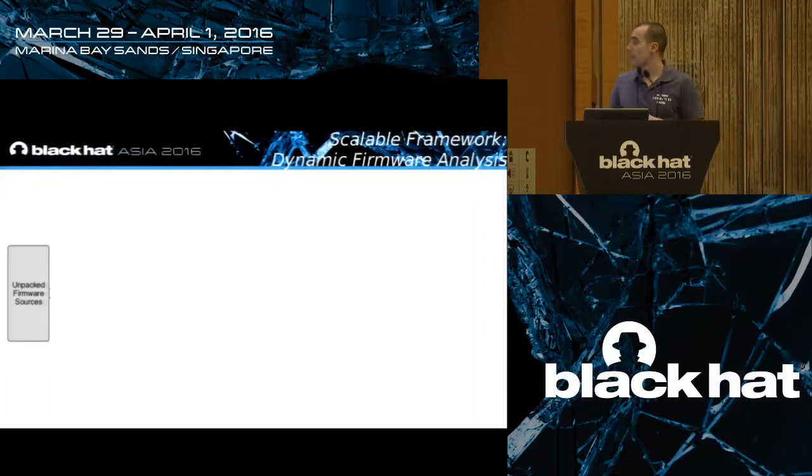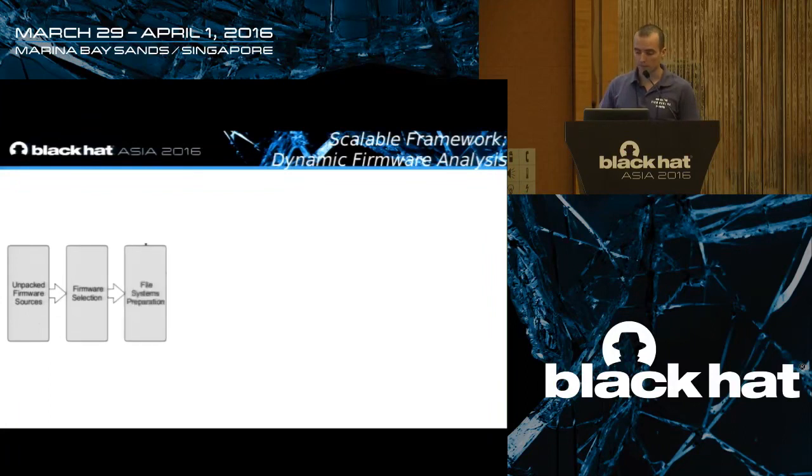So we take these unpacked files from our USENIX Security study. We perform this firmware selection, meaning that we try to detect the full file system or full upgrade firmware images, and we perform some additional selection, which I'll explain now.